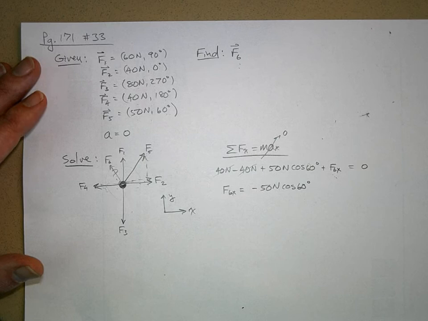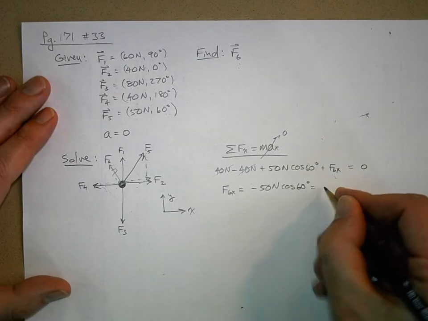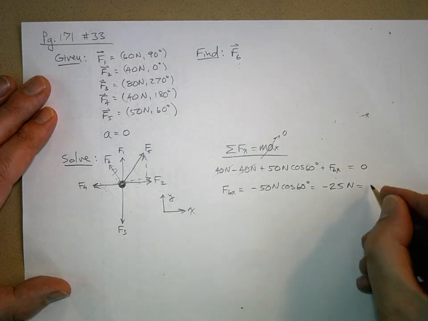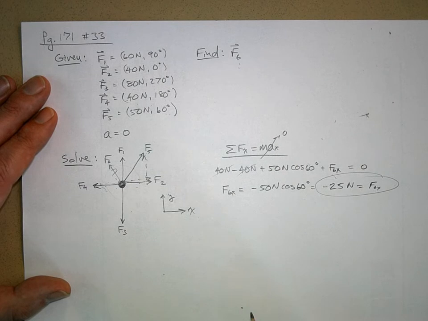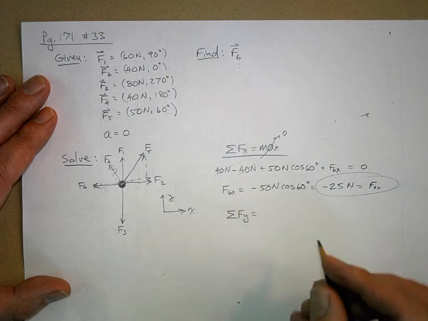You have that memorized, right? Oh, she already went. Very good. It's 1/2. So what's half of 50? 25. So it's negative 25 newtons. That's equal to F6 in the x direction. So we know the x component now. All I got to do is do all this again in the y direction.